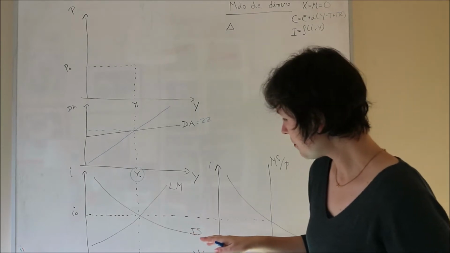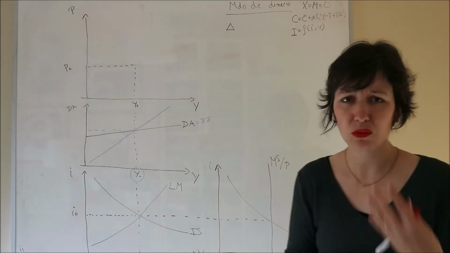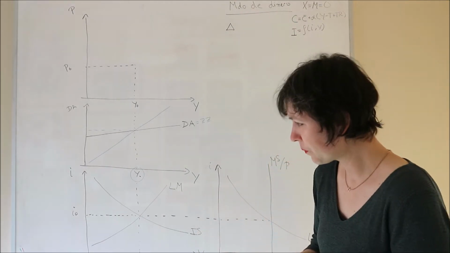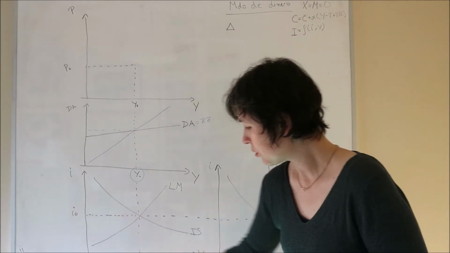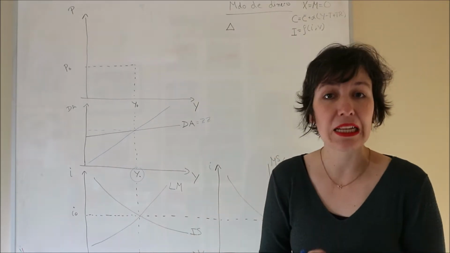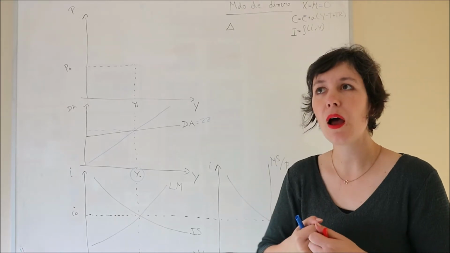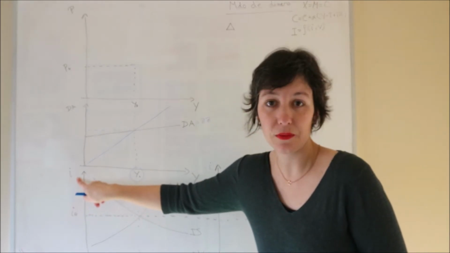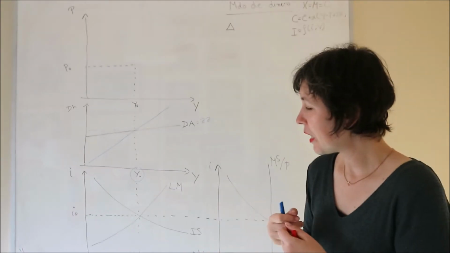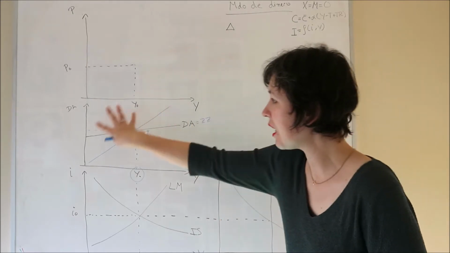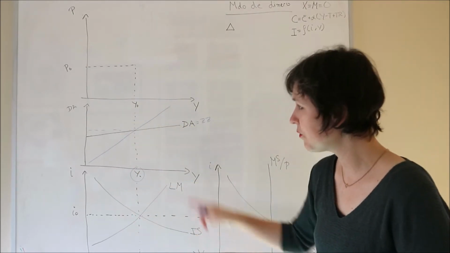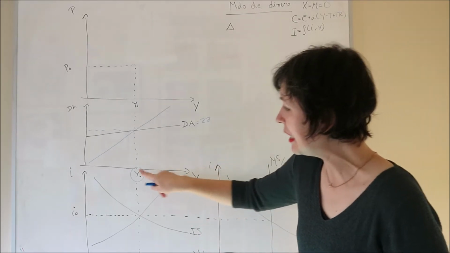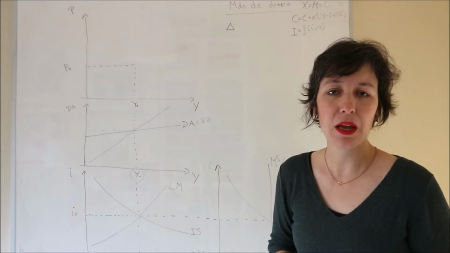Let me talk a little bit about the IS curve, just to remember what is behind that. So here we have all the levels of output of the economy that are an equilibrium point. So the level of production that is in equilibrium for any possible interest rate. So that means that if you are observing a change here in the good market, because the IS is for the good market, not the money market, okay? So the IS is the equilibrium, the quantity of equilibrium in the good market.